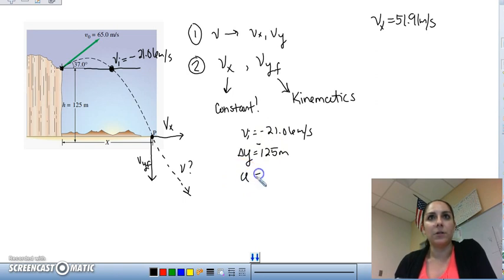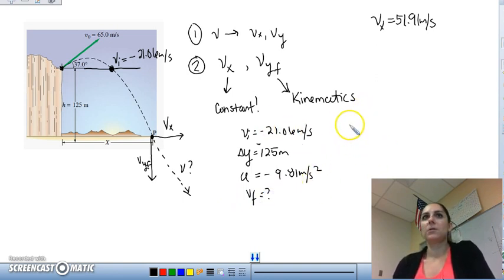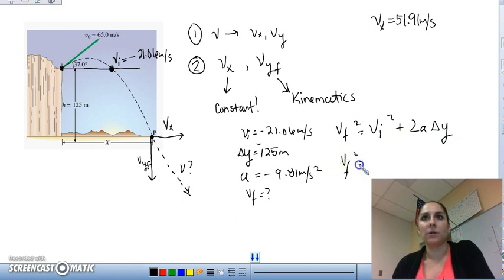Our acceleration is the same as all these problems, which makes our Vf our unknown. So looking at my kinematic equations, this one is the best one.